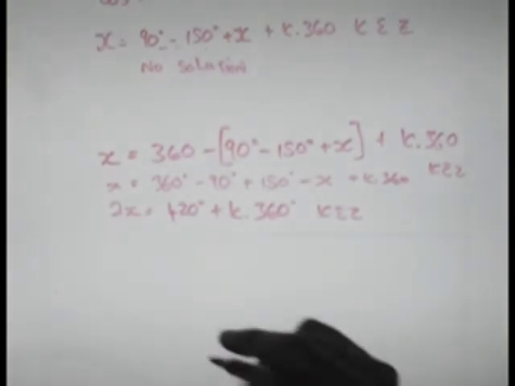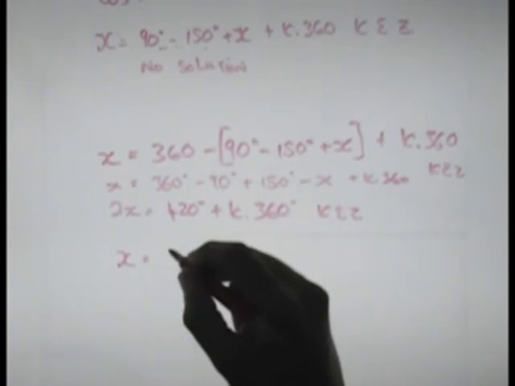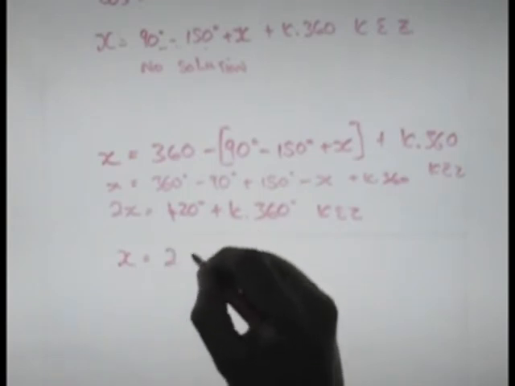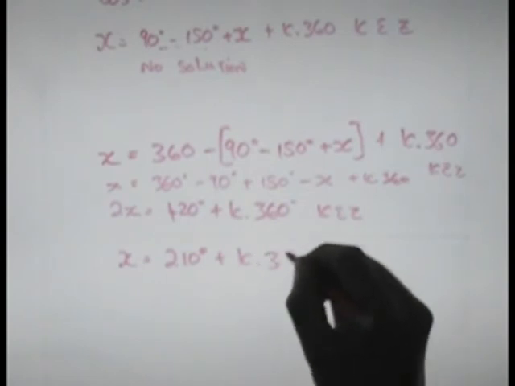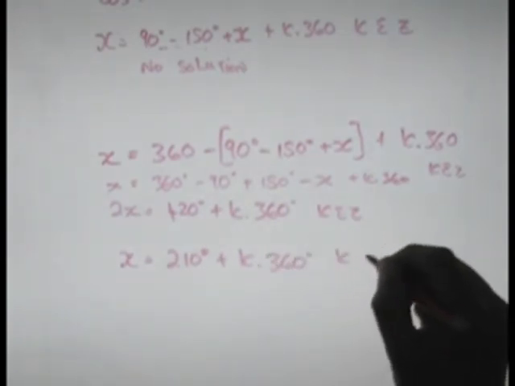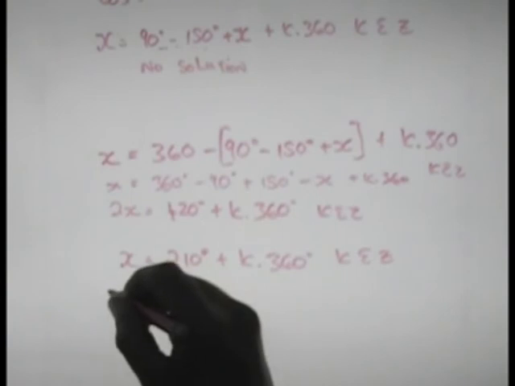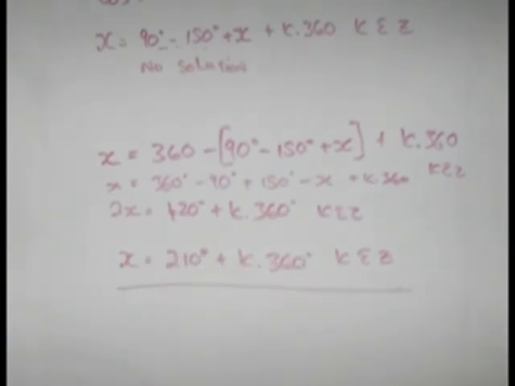If 2x is equal to that, then x is equal to 210 degrees plus k times 360, again k an element of integers. So there's only one real solution in this case as opposed to 2.